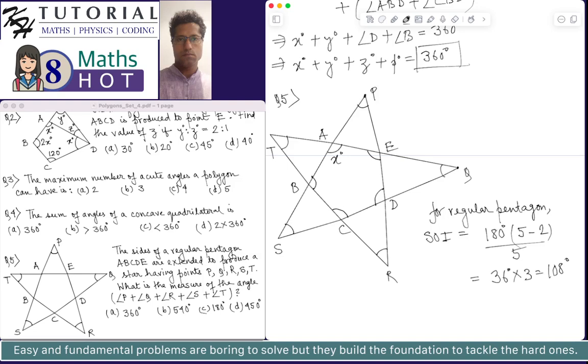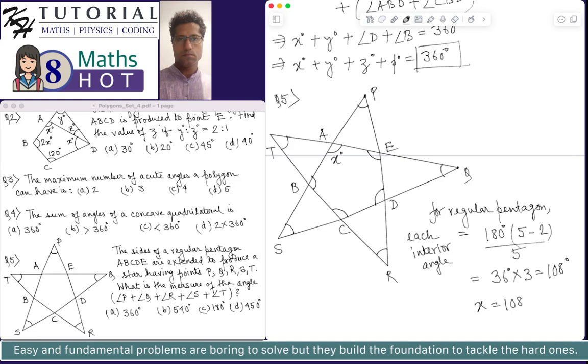For a regular pentagon, each interior angle will be 108 degree. So x degree is equal to 108 degree.